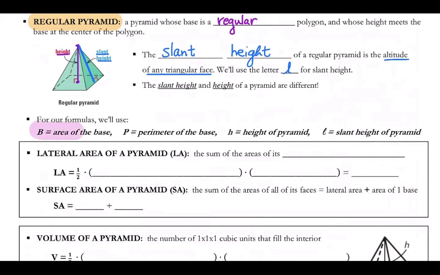So we have formulas that we'll be using here, and the variables that you'll see in your formulas will be capital B, the base area, capital P, the perimeter of the base, h, the height of the pyramid, and then what's new is the cursive lowercase l, which means slant height of the pyramid.